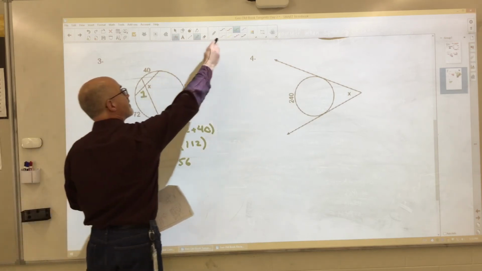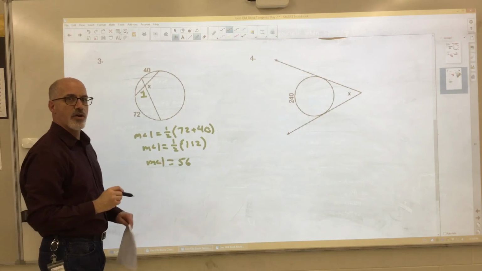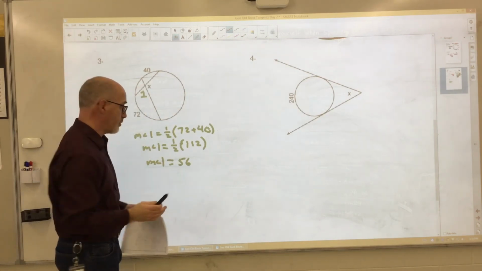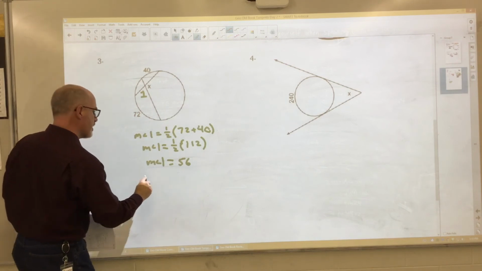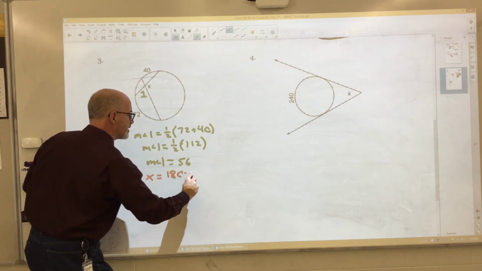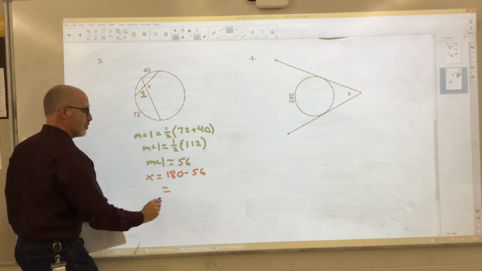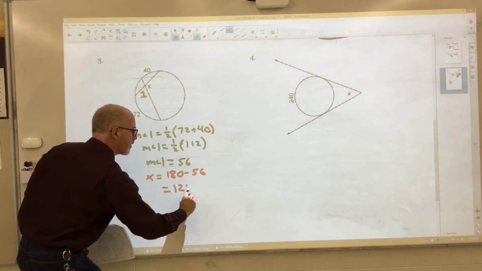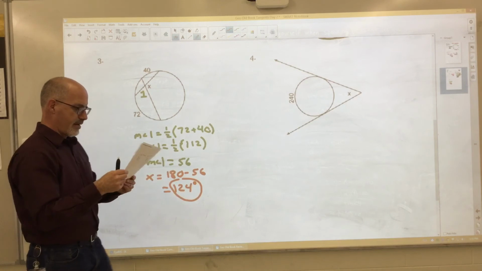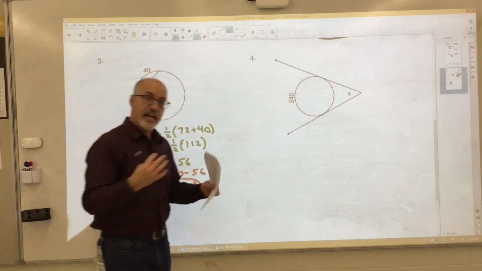What we want to find is the measure of x. Notice x and 1 are supplementary. They're right next to each other. They form 180 degrees. So x is going to equal 180 minus the 56. If I subtract those two, I get 124 degrees for x. So that's how you find that angle on the inside of the circle.